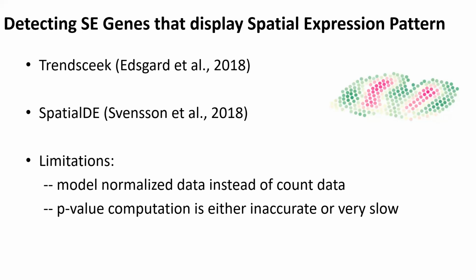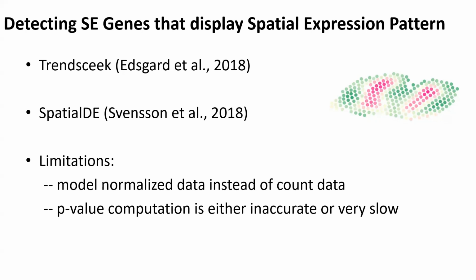This is very similar to doing a DE analysis in bulk or single cell RNA sequencing analysis, where you try to identify differentially expressed genes. Here is one example of an SE gene. This is an olfactory bulb tissue slide from a mouse. It's symmetric, so you have two rounded olfactory bulb tissue sections, and each dot is a measured spot.